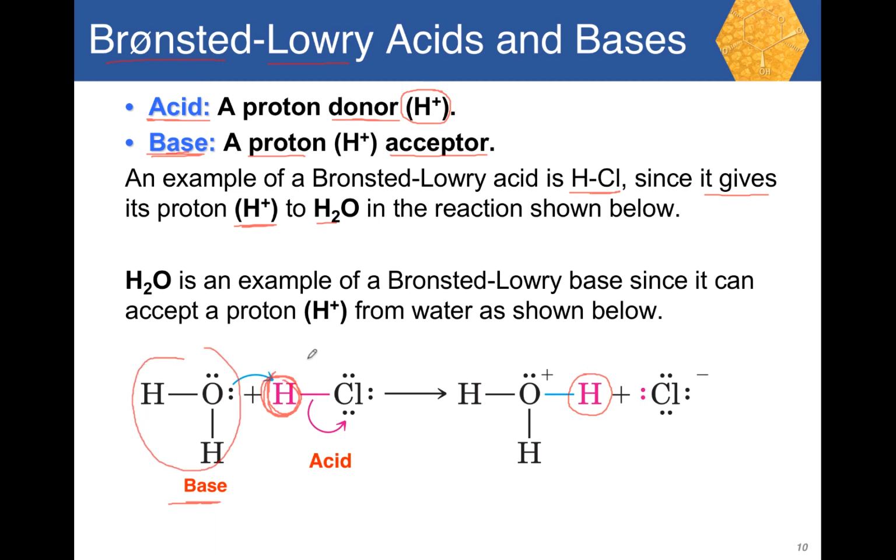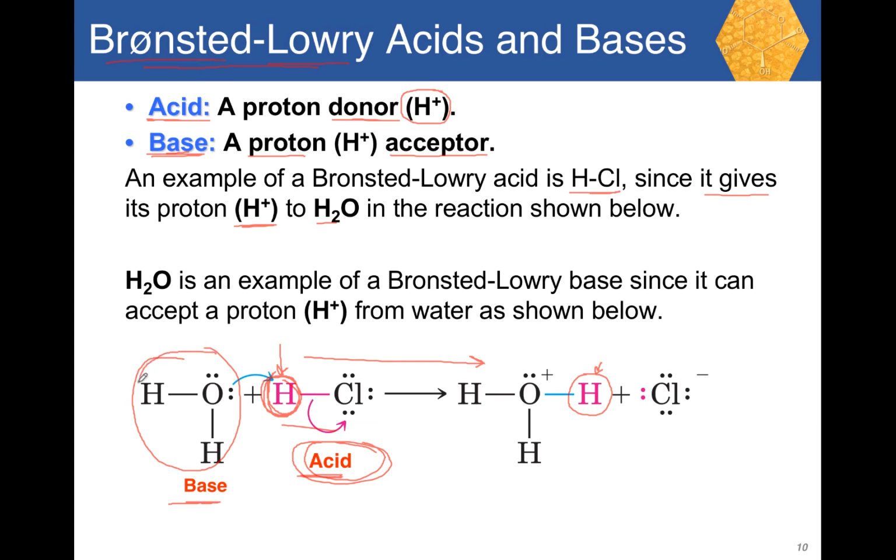So in going from reactants to product, HCl gave up its hydrogen to become the hydronium ion. Therefore, it is an acid based on the Bronsted-Lowry definition of an acid.